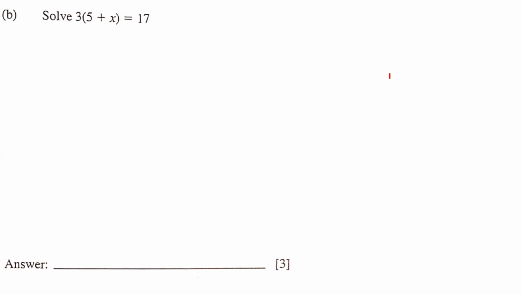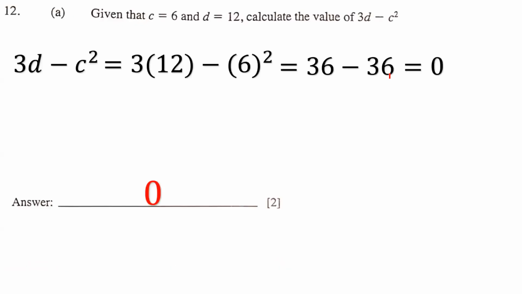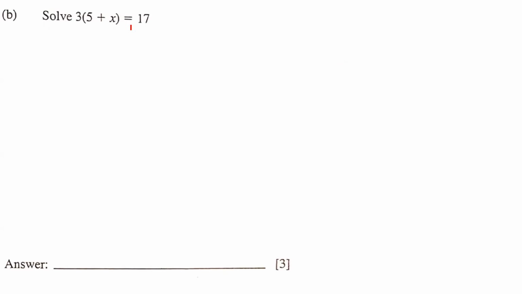Now here we have question 12b. And so here we have a linear equation, and we want to solve this linear equation. We want to make sure that x is isolated, x is the subject, and everything else is on the other side. Notice that we have this number out front and we have some terms in brackets.